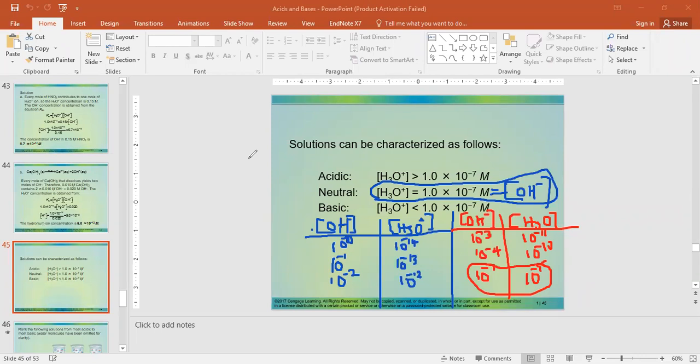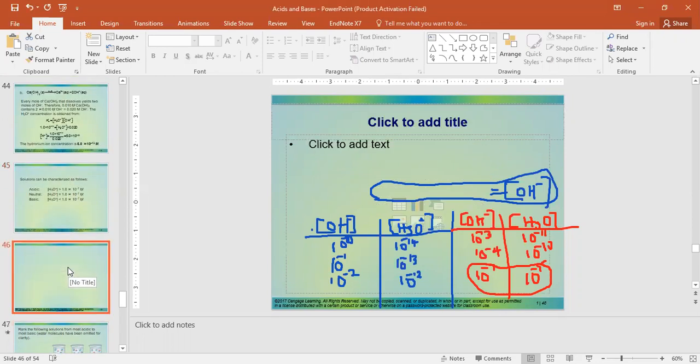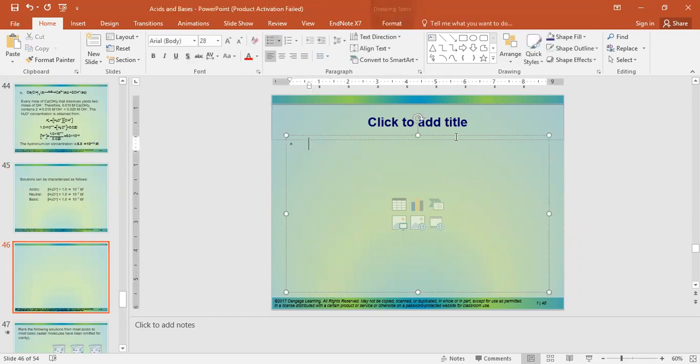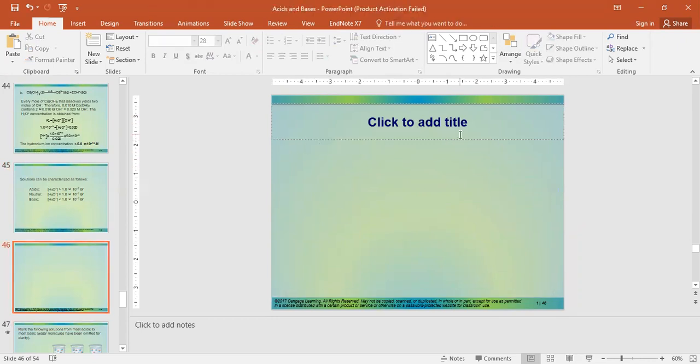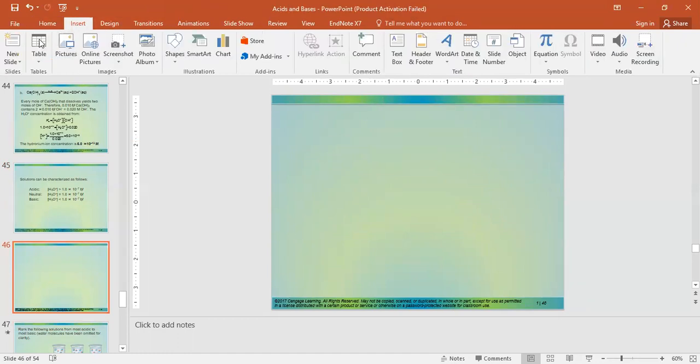Okay, let me draw a table here, students. Then we can discuss. Let me just do a table here so that I can explain what that student is asking.